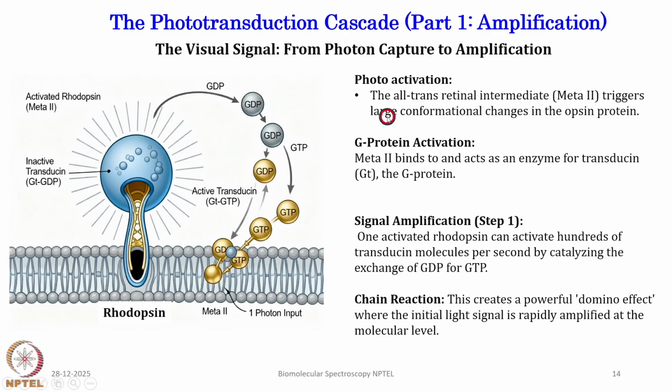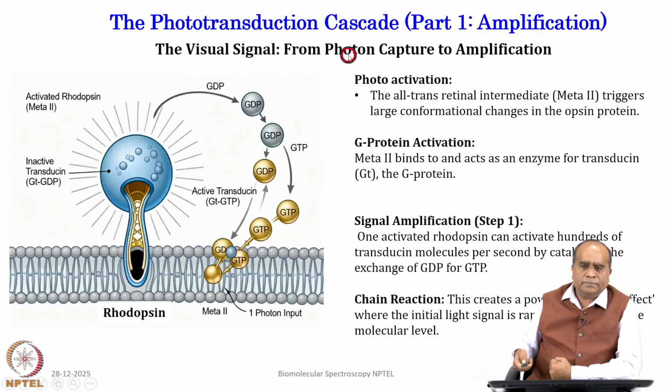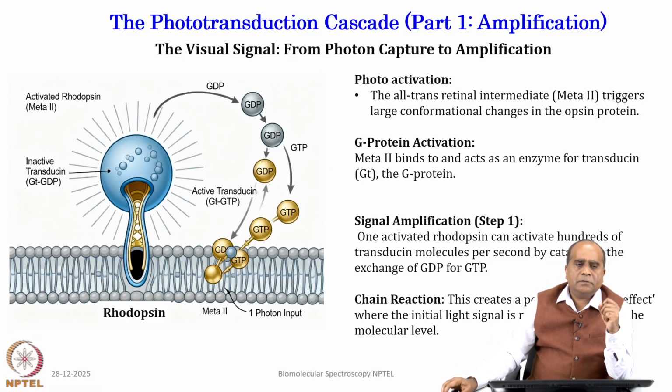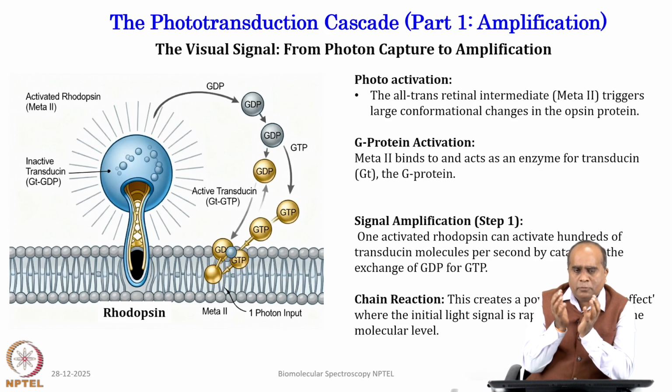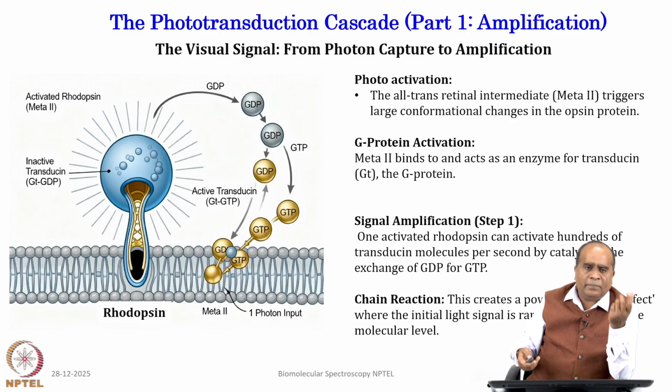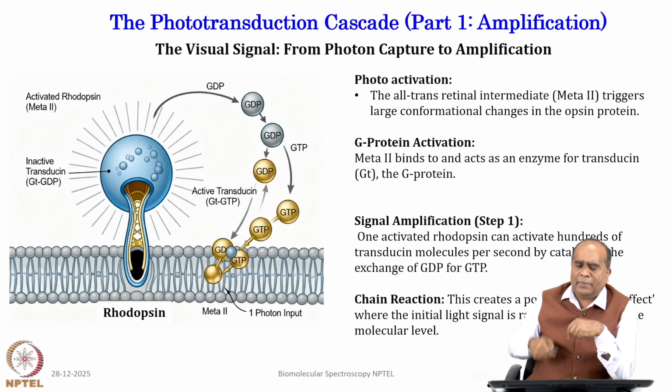Okay. So, now coming back to the phototransduction cascade, how we amplify it. First, I discussed that there is a chromophore which is retinol, and it is bound to a protein called opsin. Now, this retinol is bound to a protein, but how does the brain perceive it, how do we perceive it, right.